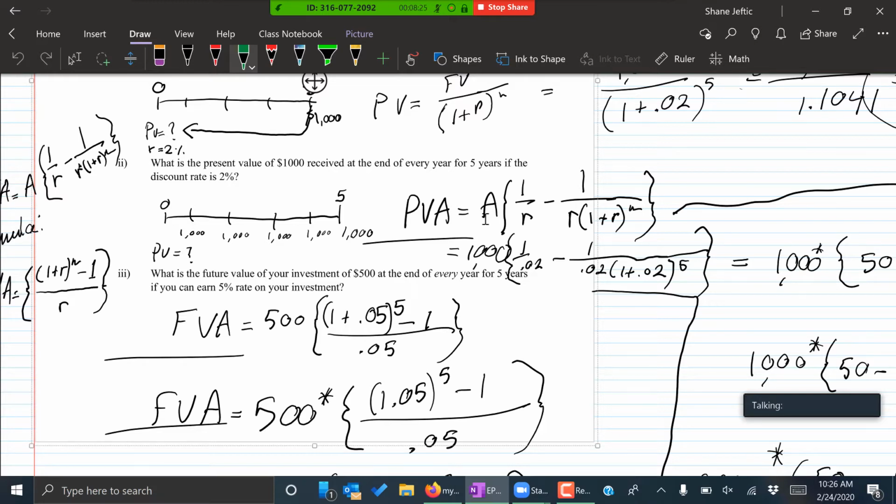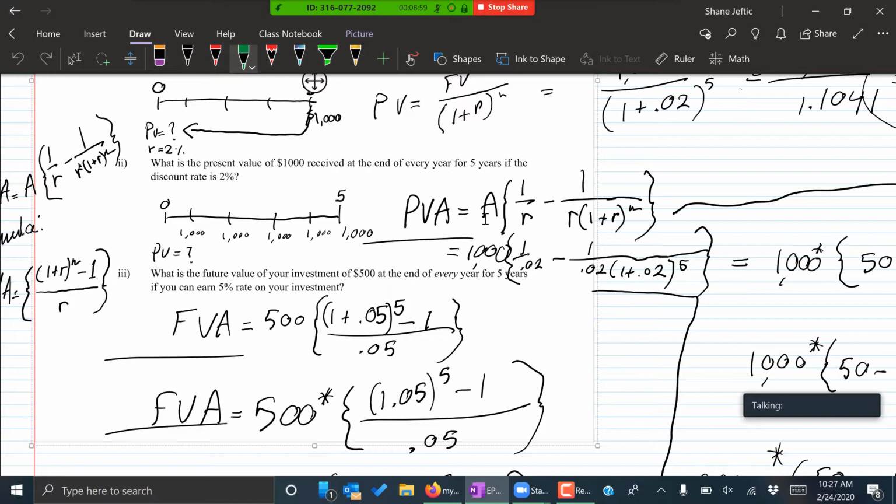But in this situation, when they ask you for present value like this, you're discounting. It's the process of discounting. Before we were compounding, which has no other implication other than defining what present value or future value means. Here you're not going to enter present value as 0; you're actually solving for it, because there is a present value of $1,000 received at the end of each of these 1-year periods, 5 times.